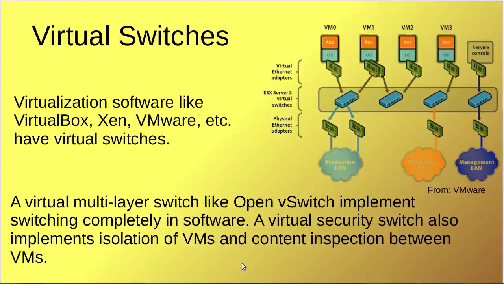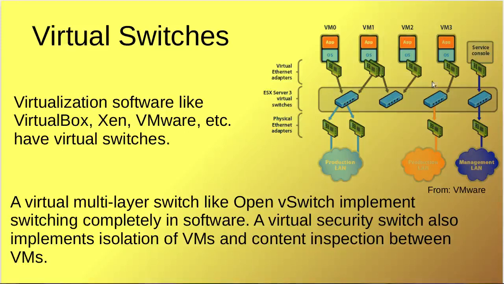Virtual switches are coming into use a whole lot these days with the use of virtual machines. If you use virtualization software like VirtualBox, Xen, VMware, or Hyper-V, they all come with virtual switches. This is roughly what they would look like.